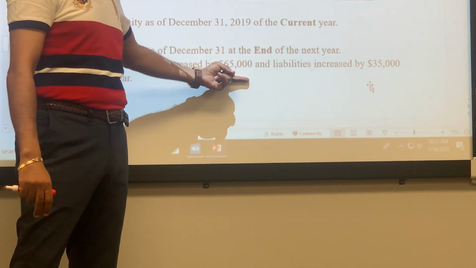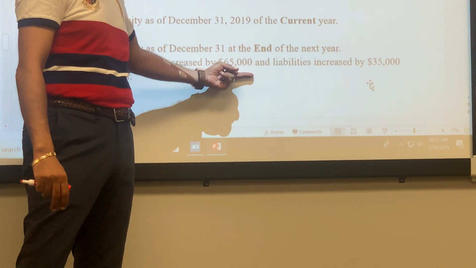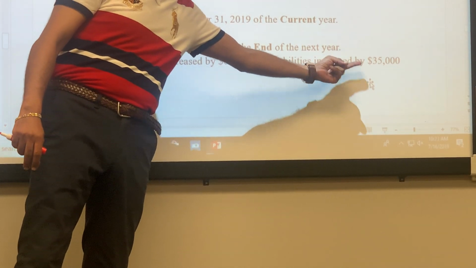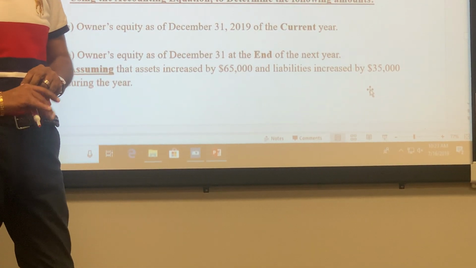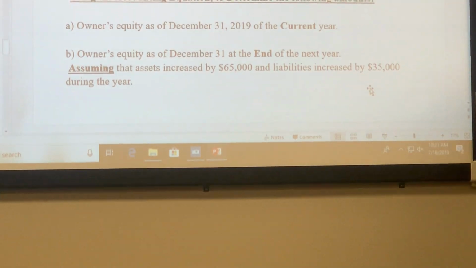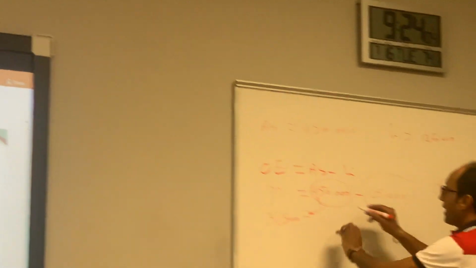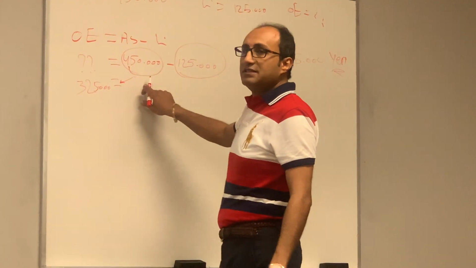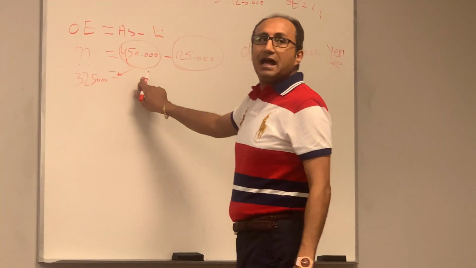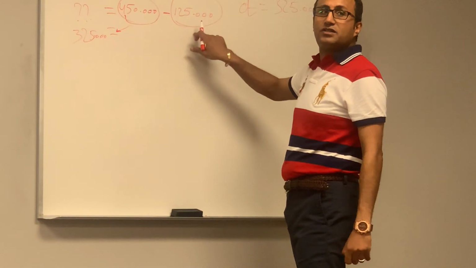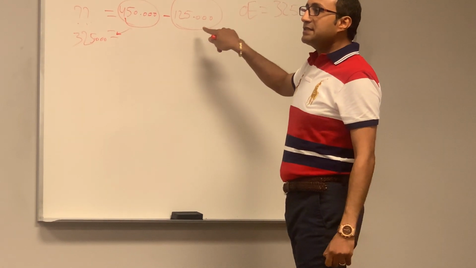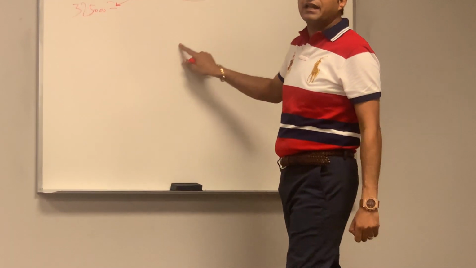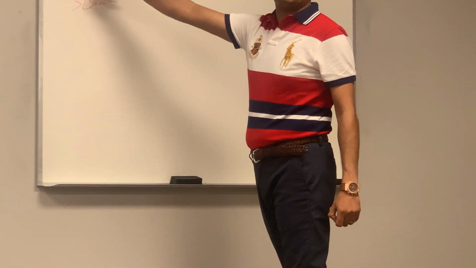Assets increase by $65,000, and at the same time liabilities increase by $35,000. So we add $65,000 to assets, and since liabilities increase too, we add $35,000 to liabilities to get the owner equity.